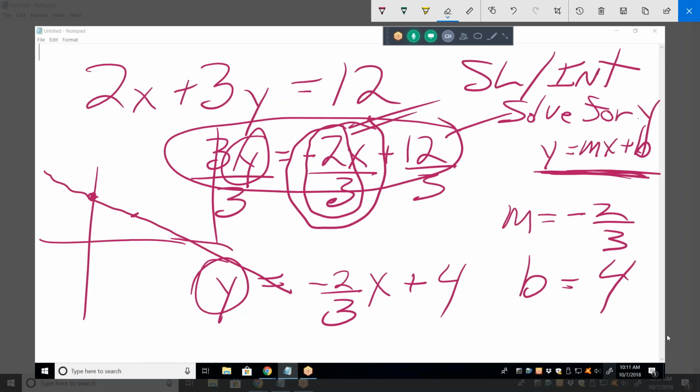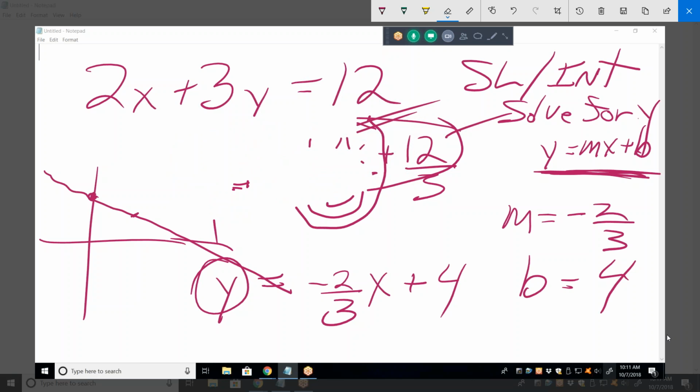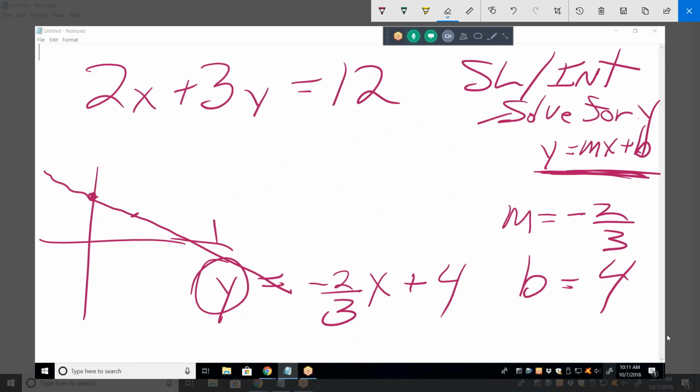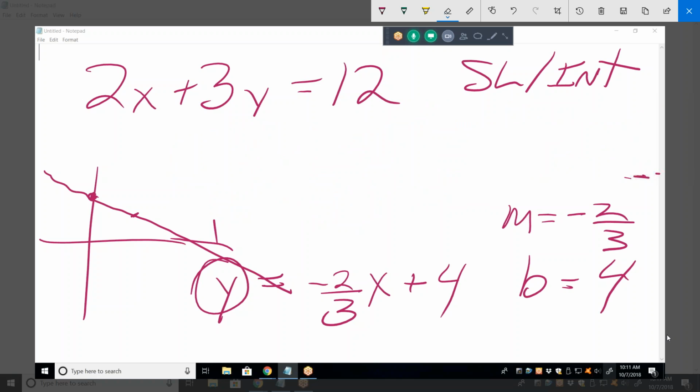Now I'm going to go back and we're going to do it by the X and Y intercept method, which was the second half of your homework, or the second half of your quiz. It was all about not slope-intercept, where you solve for y, but finding the X and Y intercepts.